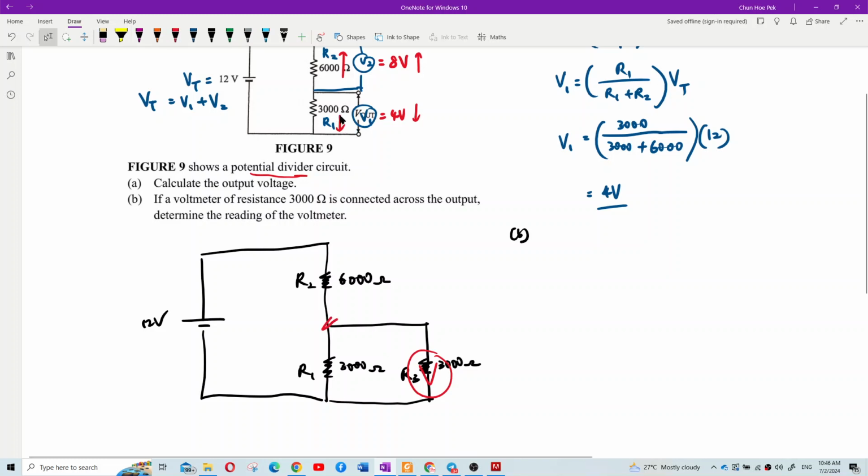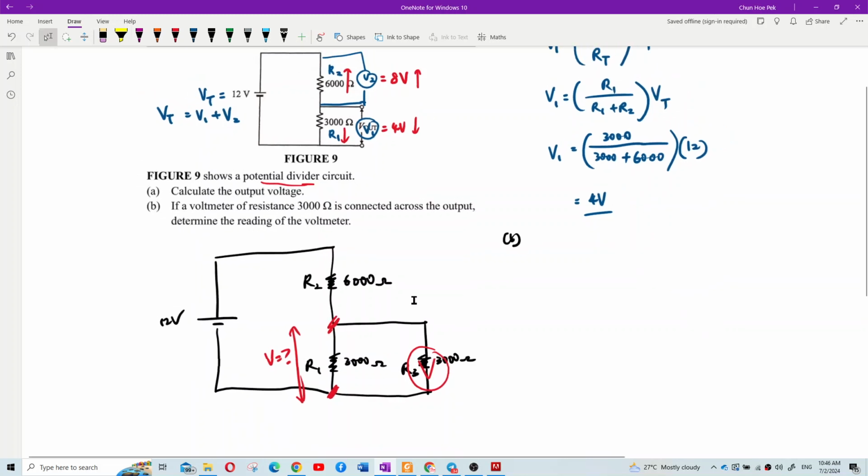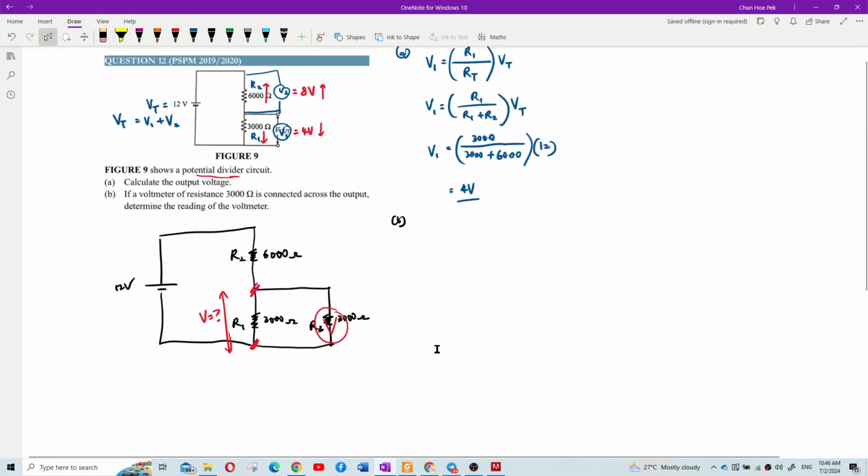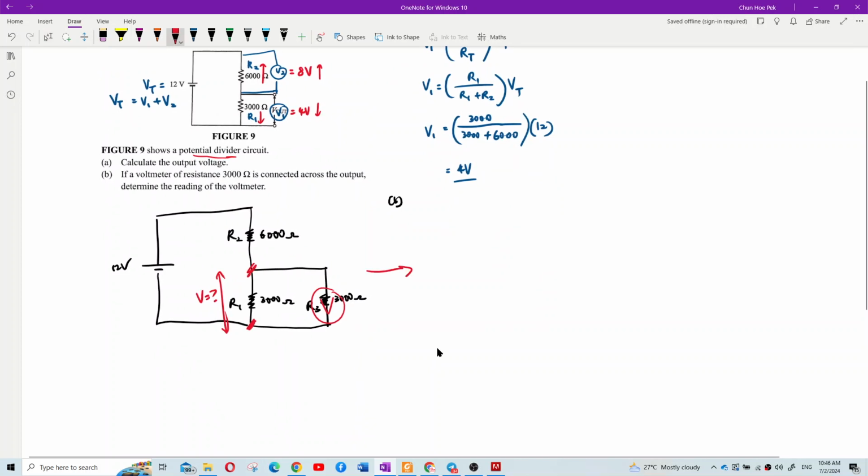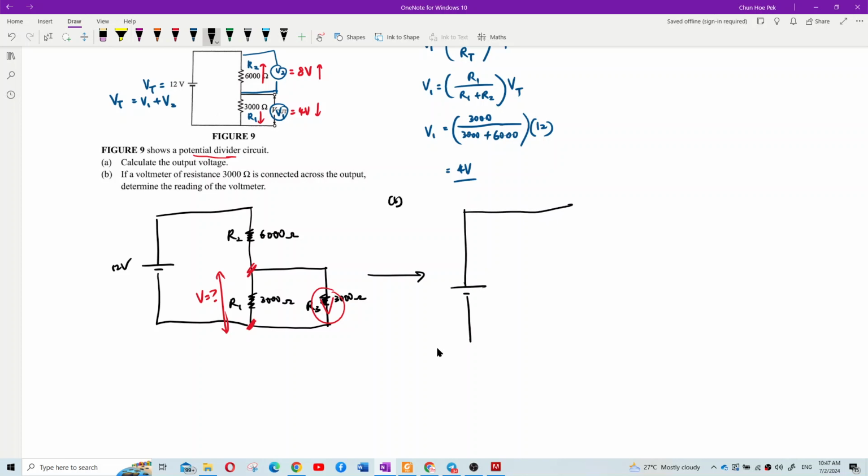So I want to find the voltage across here. How to find the voltage across that? Remember, you can combine these two first. So this is R13, this is R2.